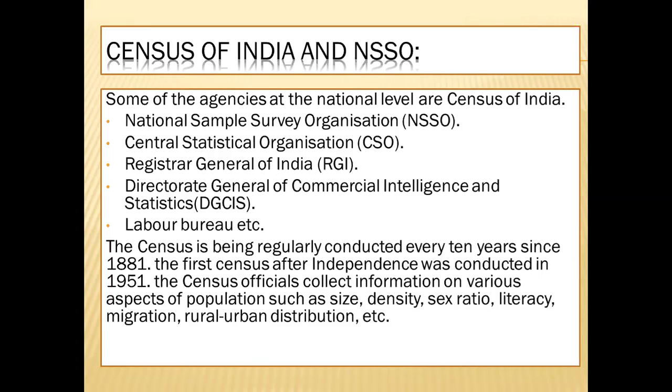According to the last census data, the sex ratio is highest in Kerala, 1084 females for 1000 males, and the highest literacy rate is also in Kerala. Density is high in cities like Delhi. Migration: people from Odisha, Jharkhand, and Bihar migrate to other states. How rural and urban people are distributed, all of this is collected by these government agencies.